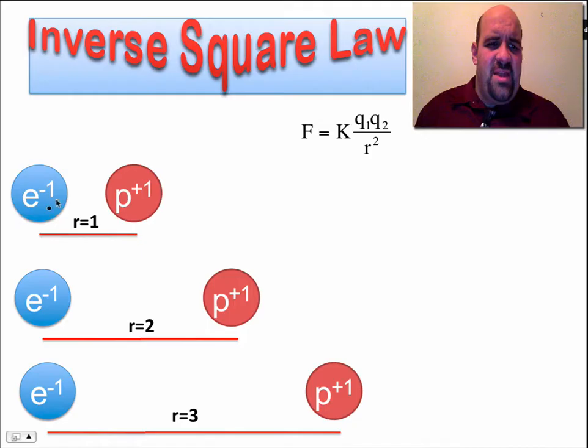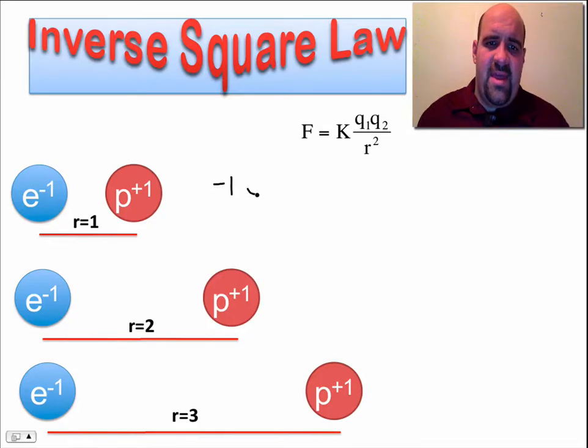Let's say we have an electron, which has a charge of -1, and a proton, which has a charge of +1. And they're separated by a distance of 1. We're not even going to put units in for now. I just want you to understand what inverse square means. So let's see if we can calculate the force. And since they are opposite charges, we know that force is going to be attractive. So what is Q1? Well, Q1 is going to be -1.